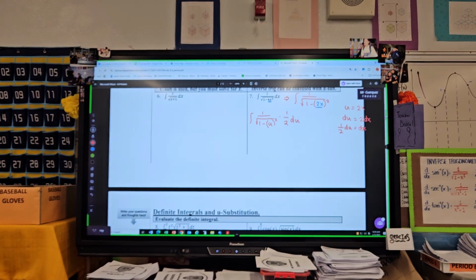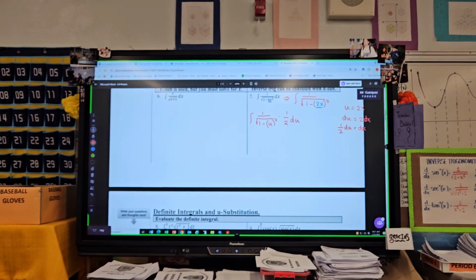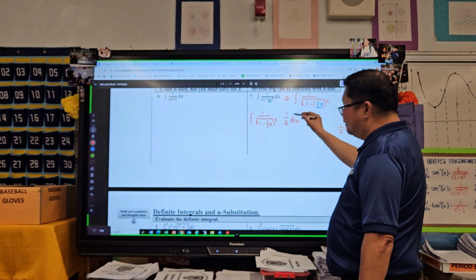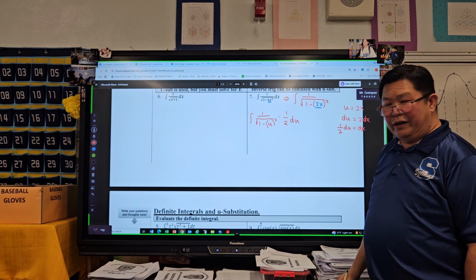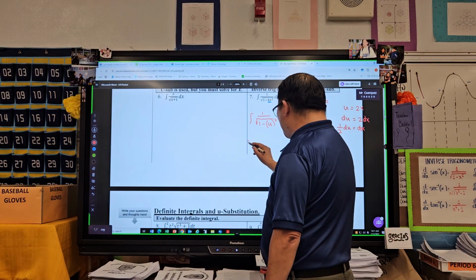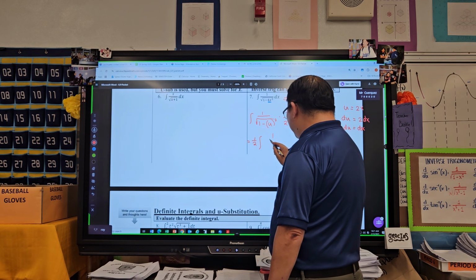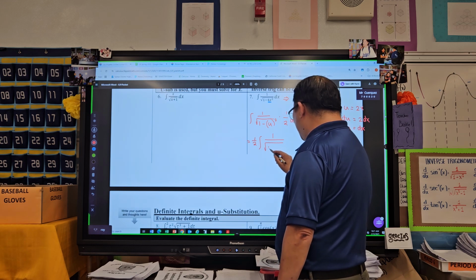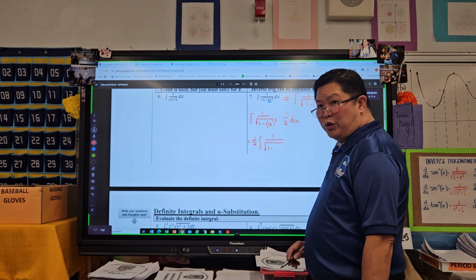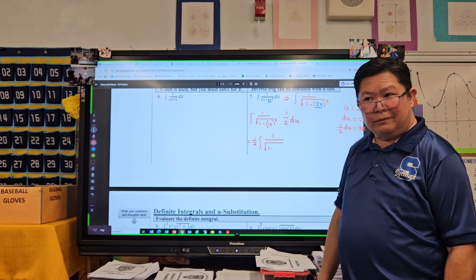What do we do with that 1/2? Write that on the left side. Okay. So this becomes 1/2 and then the integral of 1 over the square root of 1 minus u squared du. You get me?